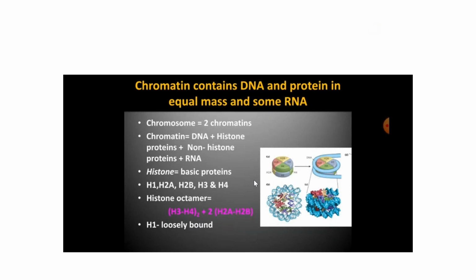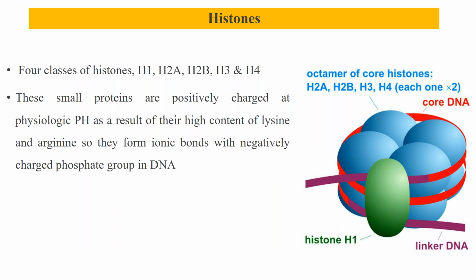And the H1 molecule is loosely bound to this histone octamer structure. So now we will do the details of histones. There are 4 classes of histones: H1, H2, H3 and H4, and 2 is again 2A and 2B forms.